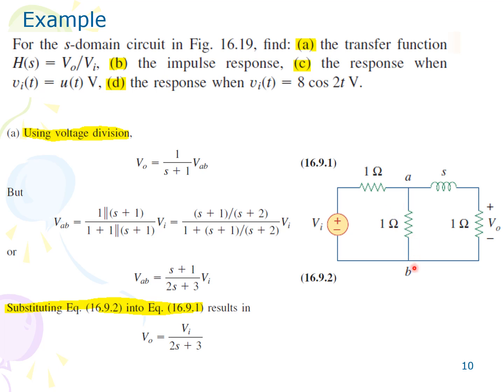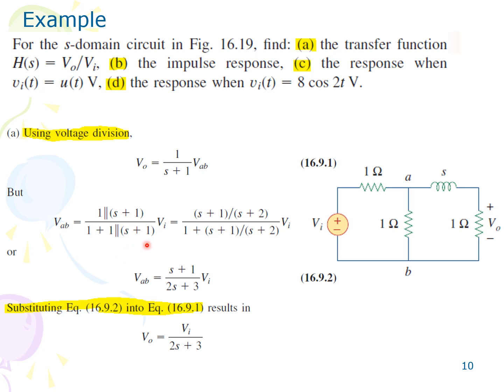So VAB is equal to 1 in parallel with S plus 1, multiplied by Vn and divided by 1 plus that parallel combination, 1 parallel with S plus 1.